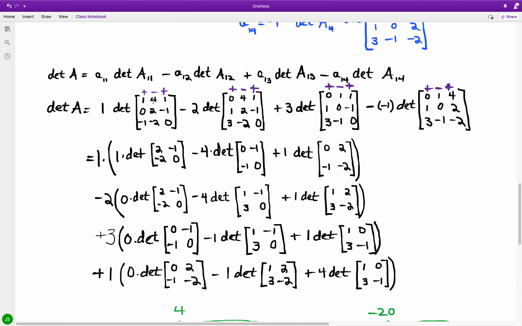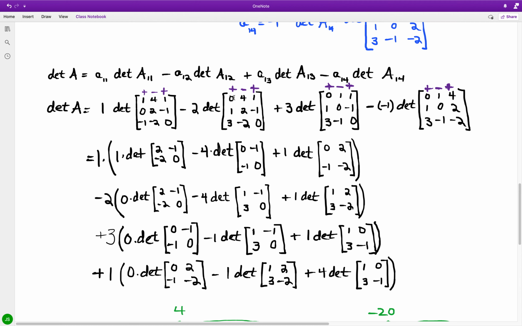Then I have minus 4 times the determinant of the exposed elements, so that would be 0, negative 1, 0, and I have plus 1 times the determinant. I have left exposed 0, 2, negative 1, and negative 2. I'm beginning this particular procedure from this part.